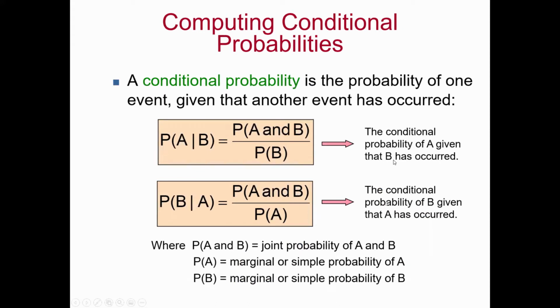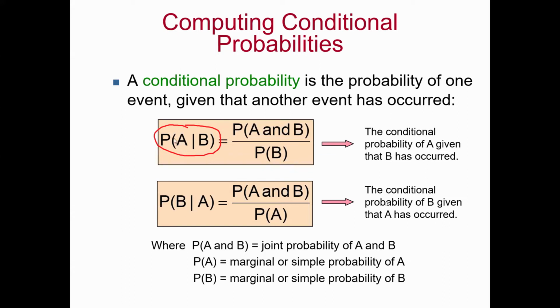All right, then we look into conditional probability. When you are dealing with more than 2 events, we can define conditional probability. Conditional probability means that one event has occurred, and then we are calculating the probability of the other event. When we write probability of A given B, the event B has occurred.